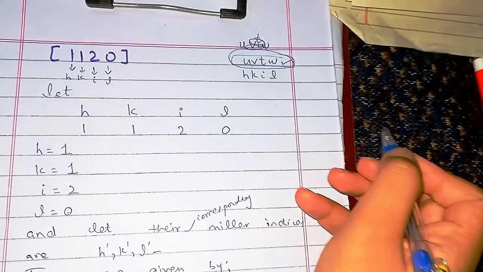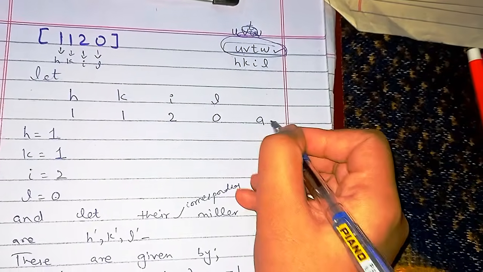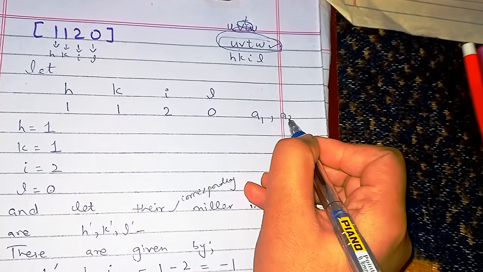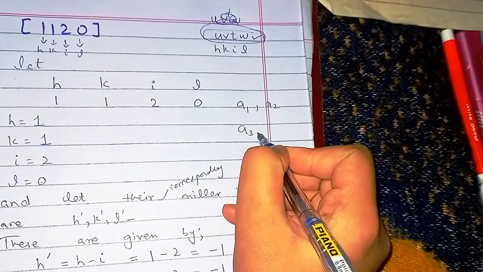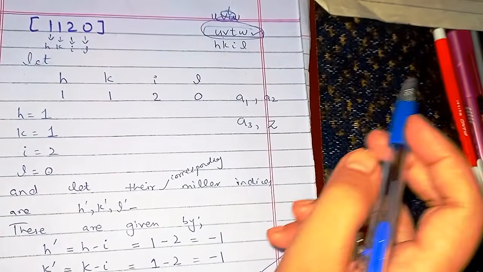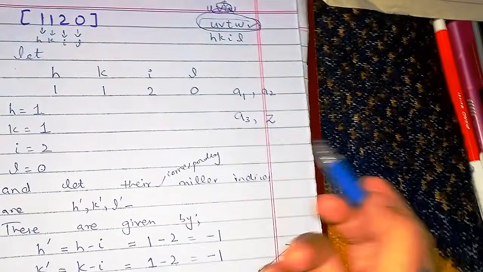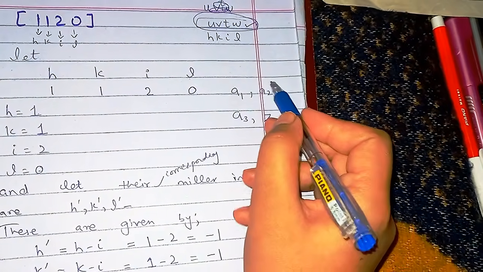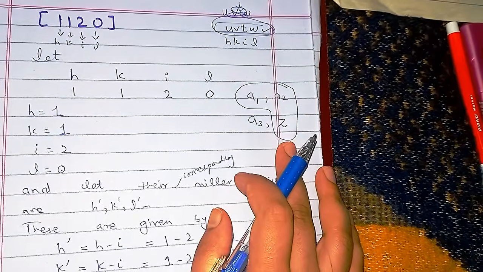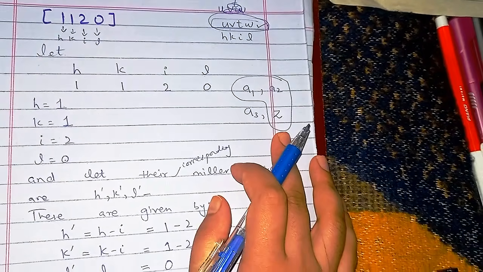If you don't know, then let me tell you that in the hexagonal crystal system there is a 4D coordinate system. One axis is A1, second axis is A2, third axis is A3, and the fourth axis is Z. While drawing the directions, we only consider 3 of them because we are dealing with Miller indices here, not Miller-Bravais indices right now.